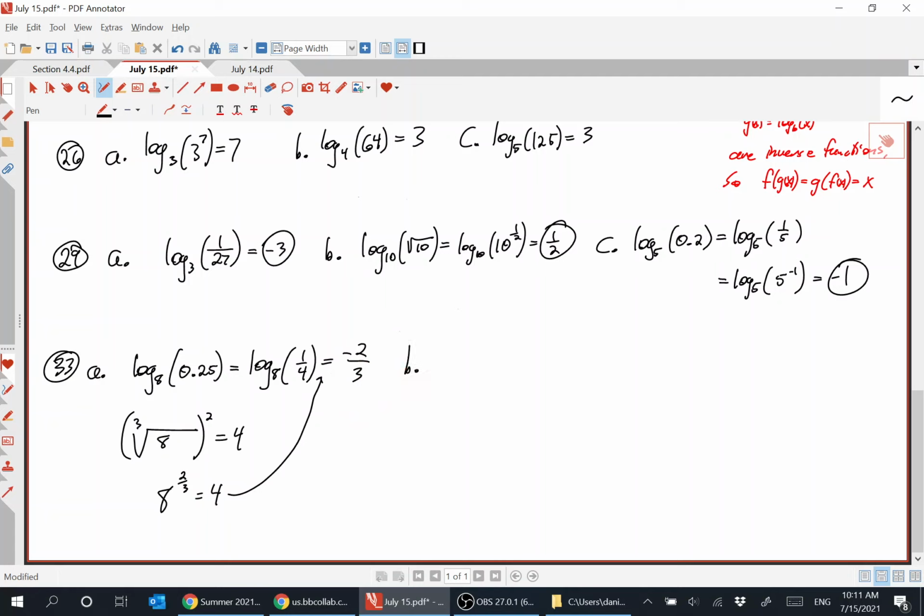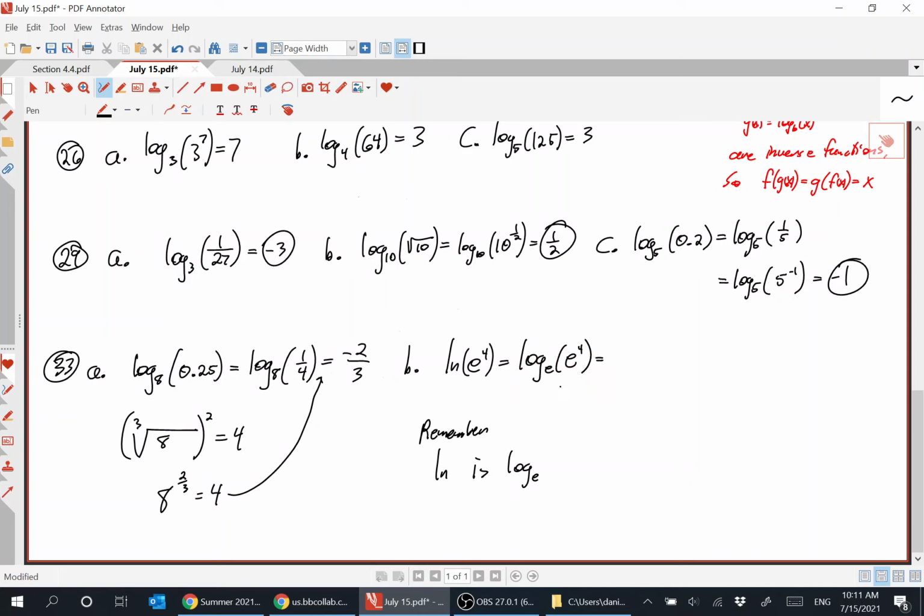B. ln e to the fourth. What does ln mean? ln is the log base e. So this is the log base e of e to the fourth.